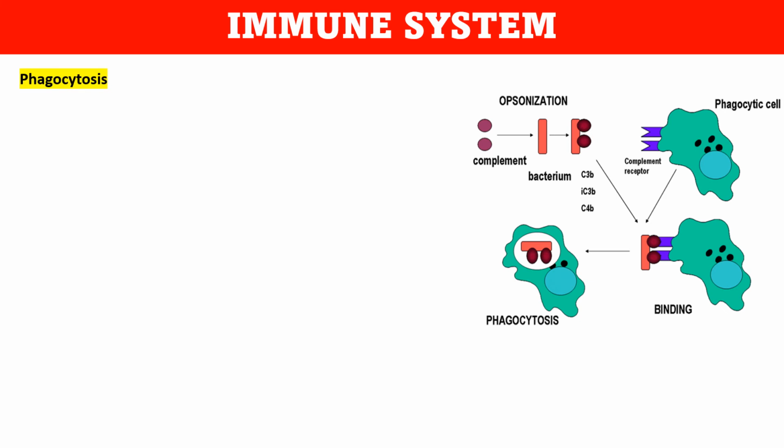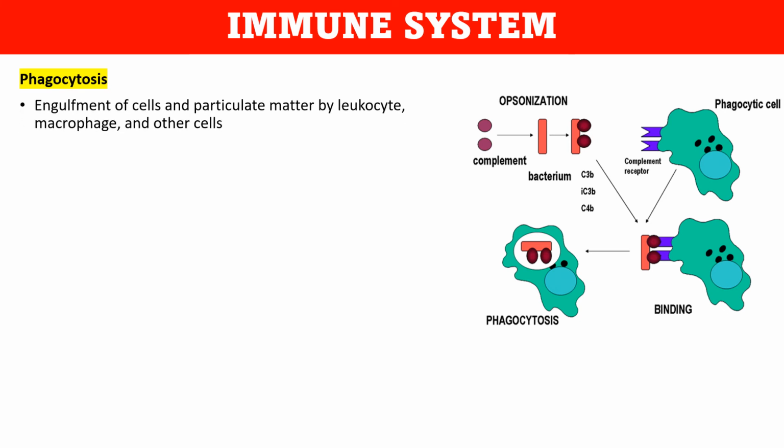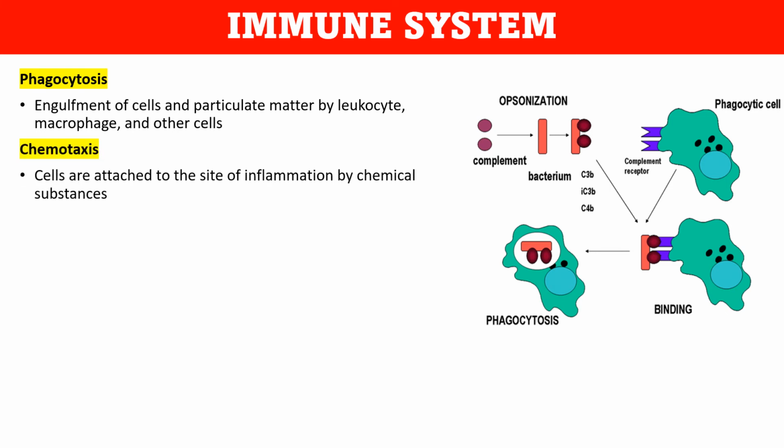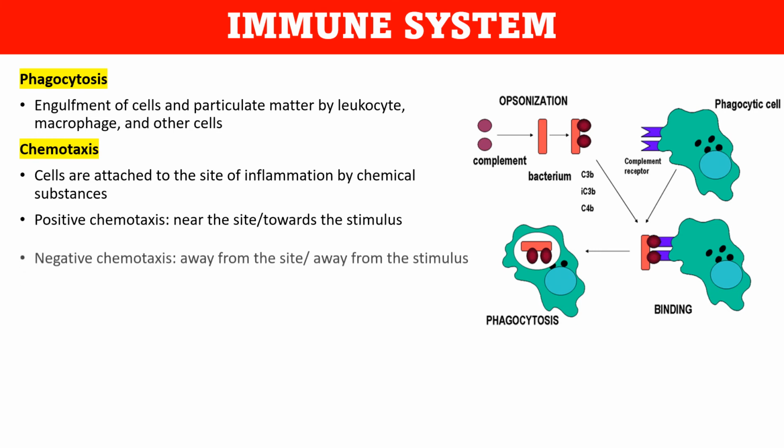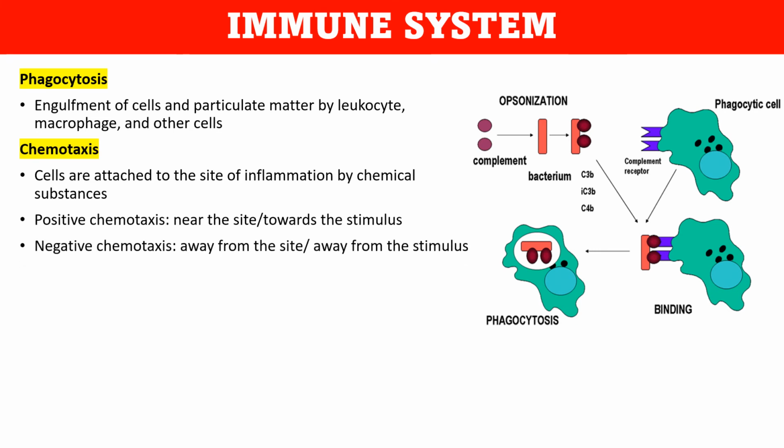In the immune system, phagocytosis is the engulfment of cells and particulate matter by leukocytes, macrophages, and other cells. Chemotaxis is when cells are attracted to the site of inflammation by chemical substances. Positive chemotaxis is toward the site or stimulus, and negative chemotaxis is away from the site or stimulus.